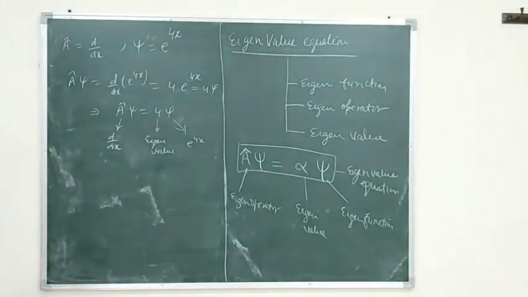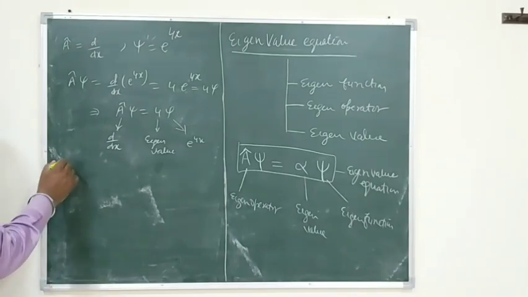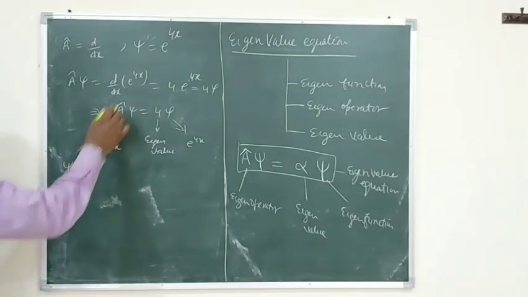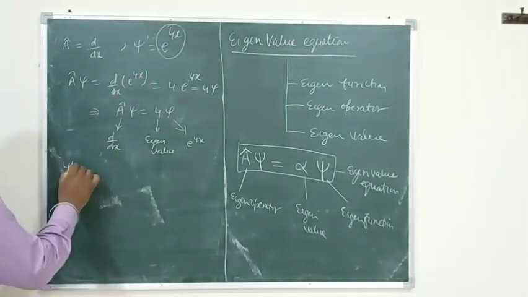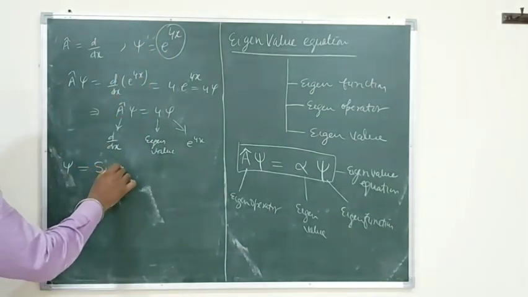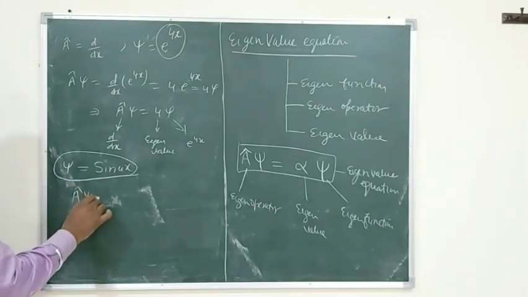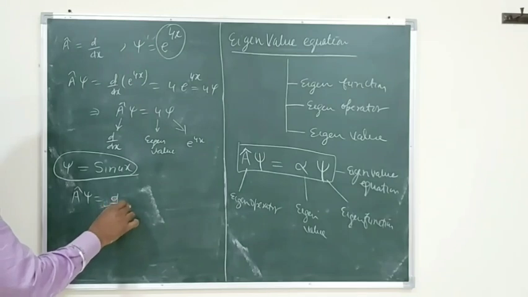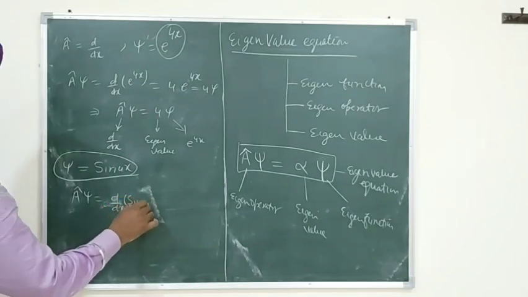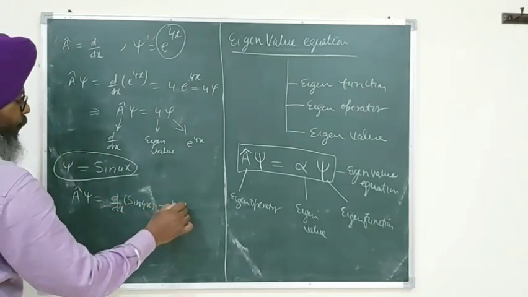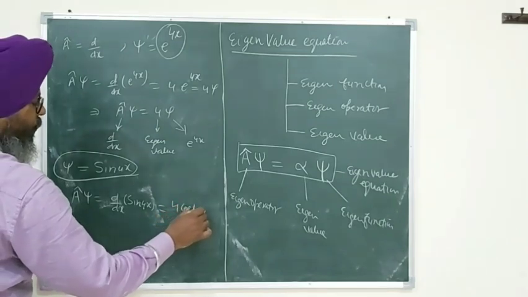However, a quite interesting thing can be noted in this example. Let me now change the wave function, which was e raised to power 4x, to sine of 4x. Let us see what we get. If I write A cap of psi, it will be d by dx of sine 4x. That will become 4 cos 4x.